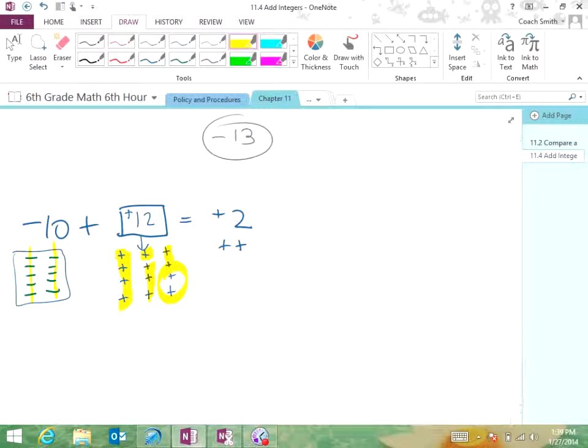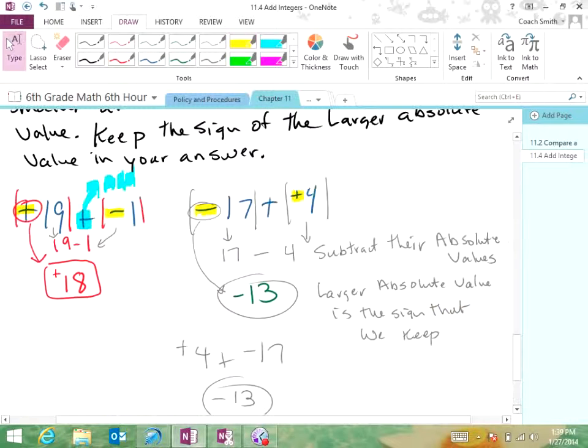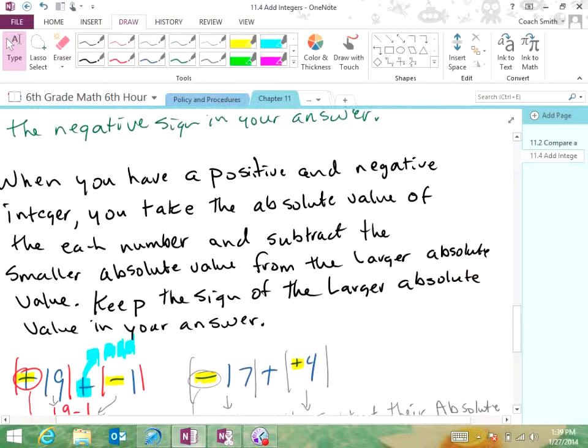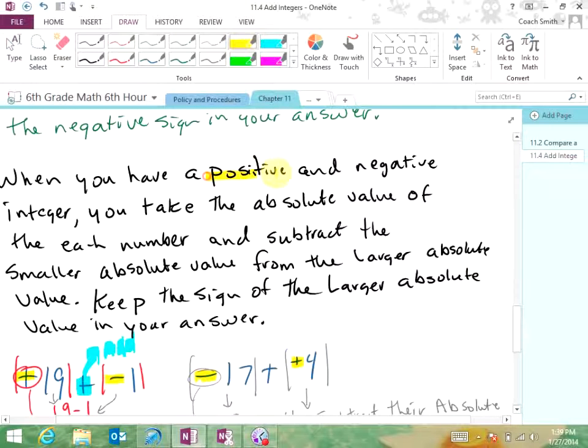Okay, as I've stated right here in the rule, when you have a positive and a negative integer, you take their absolute values and subtract their absolute values. So if there's a positive and a negative number, then you're going to subtract their absolute values.